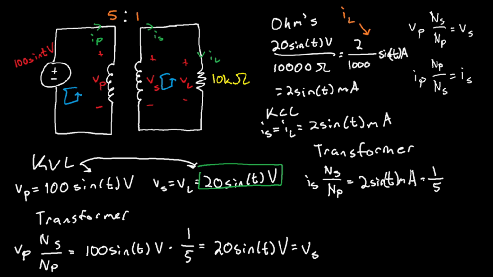Just multiply this by 1/5, and you get that your I of P, your primary current, is equal to 2 over 5 sine of t milliamps. And there you go. We solved for everything. I didn't write down the current at this voltage source because it's self-explanatory that the current at the voltage source will be equal to the current of your primary transformer.